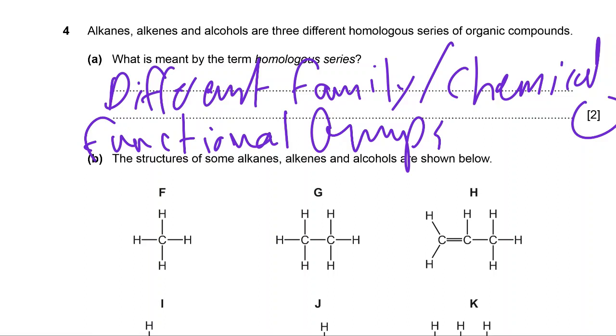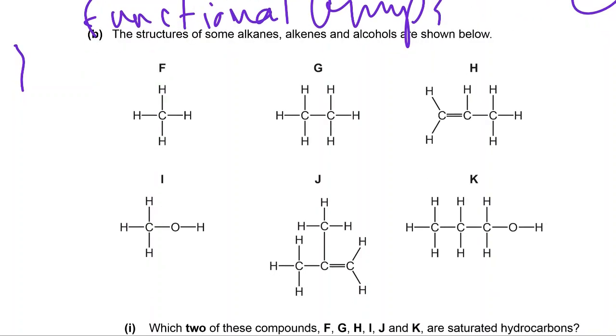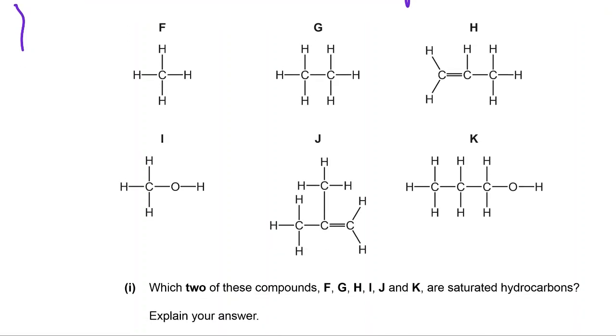So in the next question, we have this structure. The structures of some alkanes, alkenes and alcohols are shown below. Which two of these compounds, F, G, H, I, J and K, are saturated?